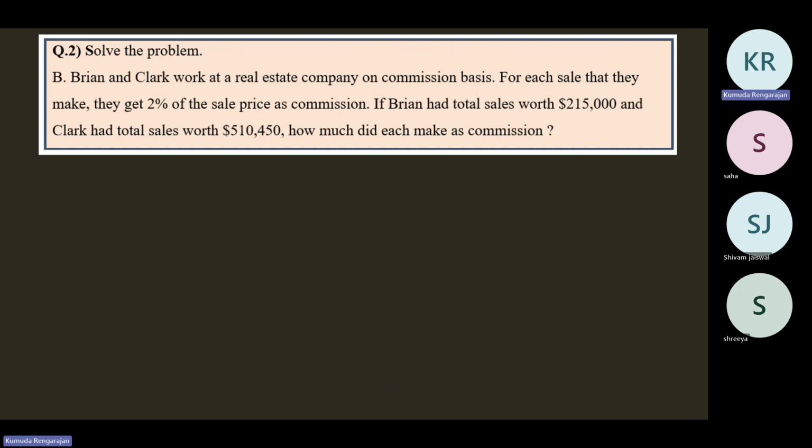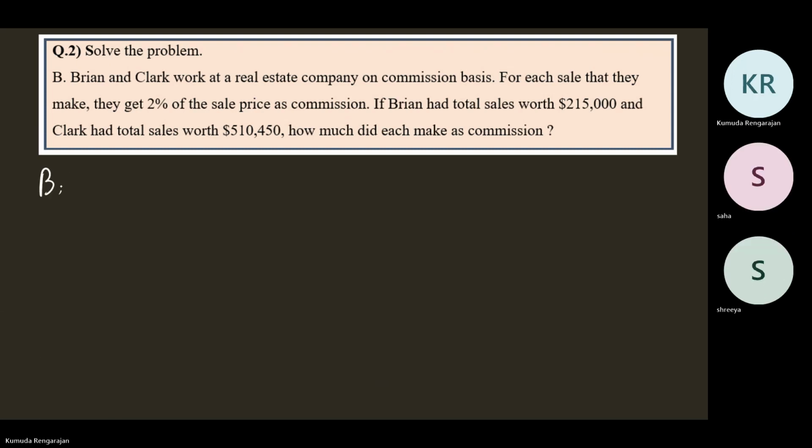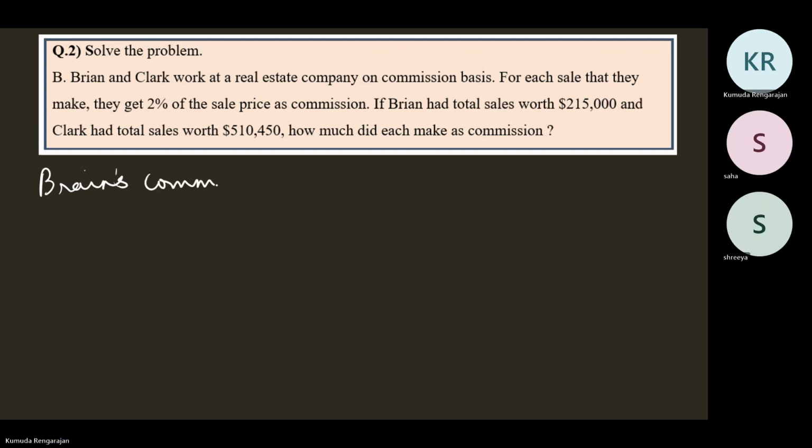So here for both of them, the sales value is given. Brian has made a total sale of so much and Clark so much. So 2%, you just have to calculate 2% of each of the values. Brian's commission will be 2% of his total sales.